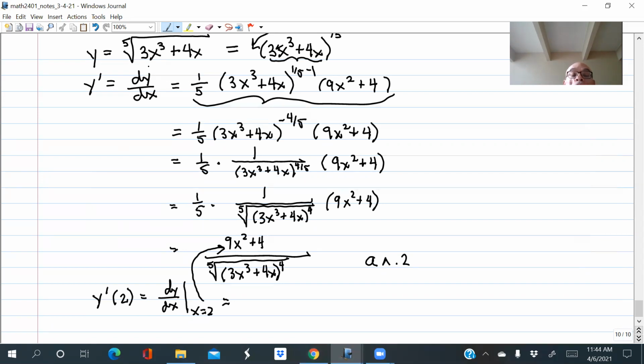That would be one of our more complicated derivatives to compute, because this involves the power rule, converting radicals to exponents, and the chain rule. A lot of stuff is going on in computing this derivative.